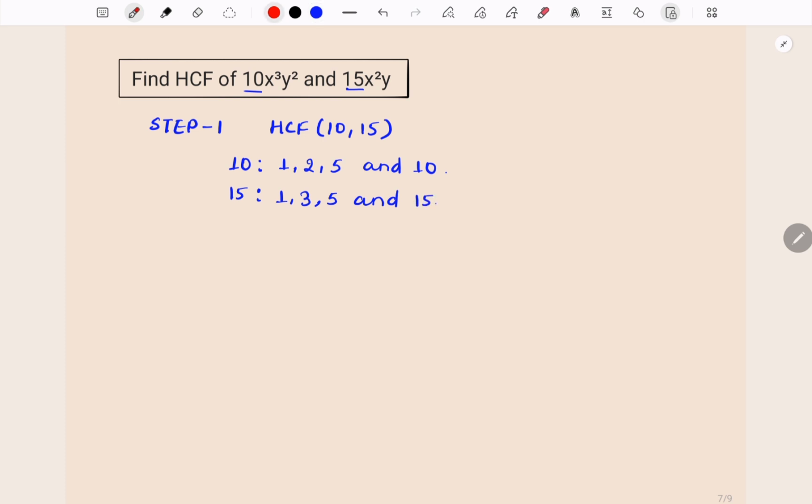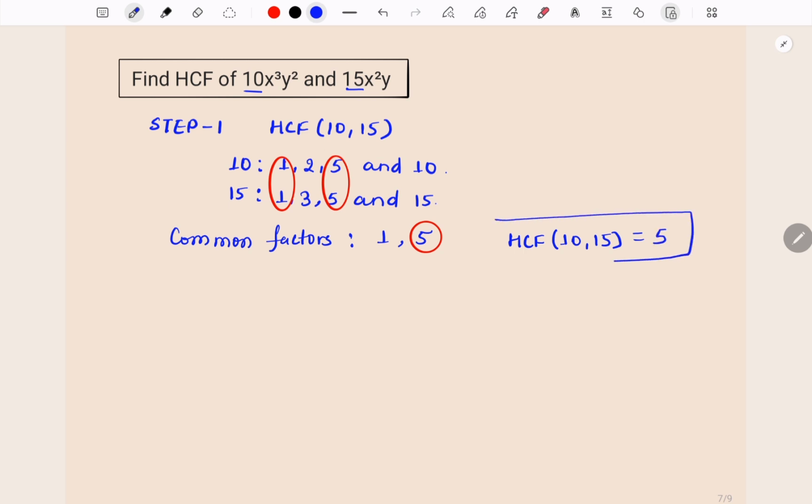Now let me find the common factors. So here 1 and 5 are the common factors, right? So let me write it down. Common factors are 1 and 5. Clearly, the highest common factor is 5. So the HCF, or the highest common factor of 10 and 15, is 5, right?